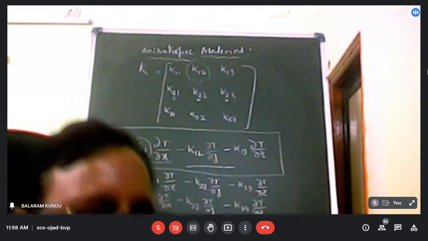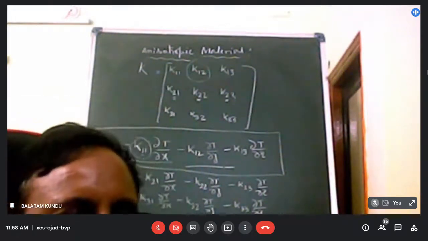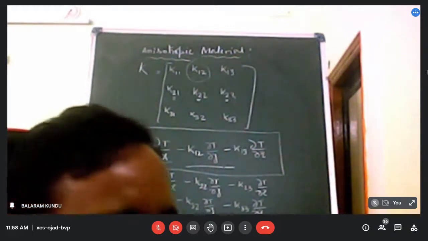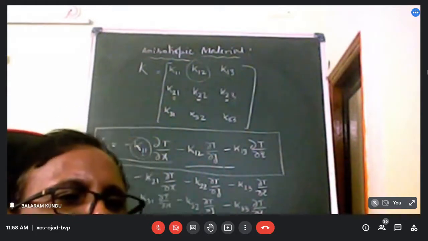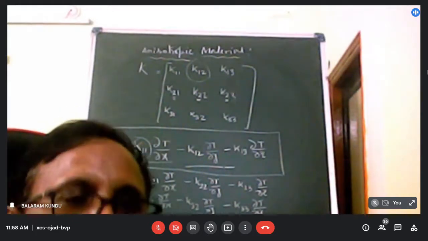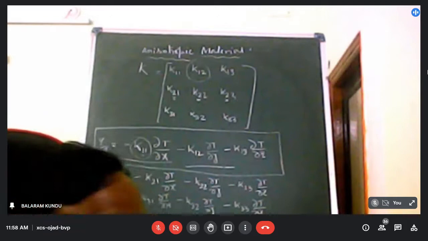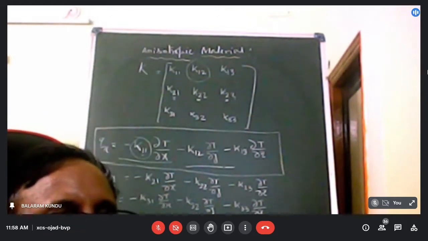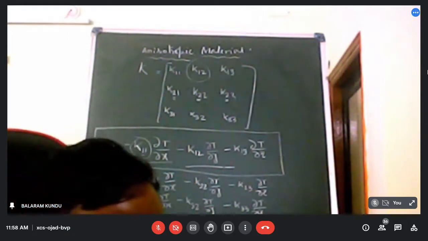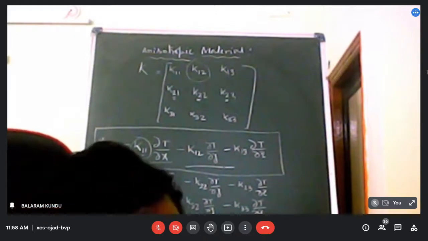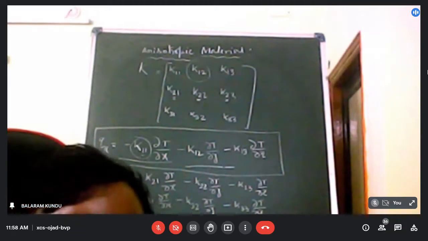So this is your mathematical expression, and negative sign has been considered. If we apply the Fourier's law of heat conduction, you should always consider negative sign. Why you should always consider negative sign? If you do not consider the negative, then it will be wrong. So why negative sign is required? So everybody knows, heat transfer takes place from the higher temperature to lower temperature.